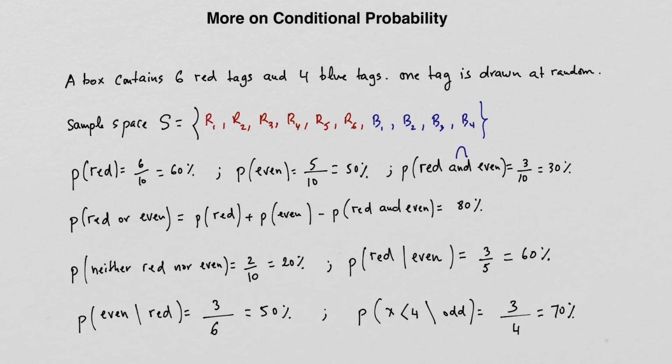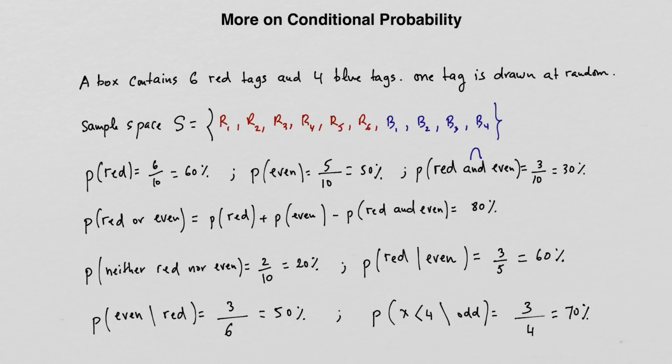Okay, so what's the chance of picking red or even? This or is the mathematical or as explained before, which means either red or even or both. That's what it means. So if you remember the formula for or, P of A or B is P of A plus P of B minus P of A and B. So basically you do this plus this minus that.